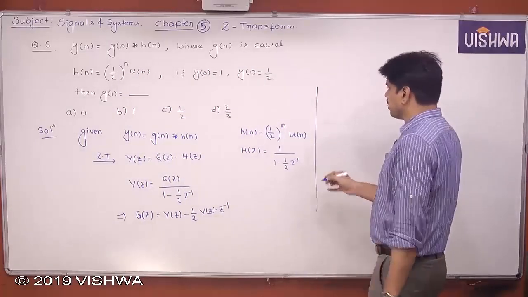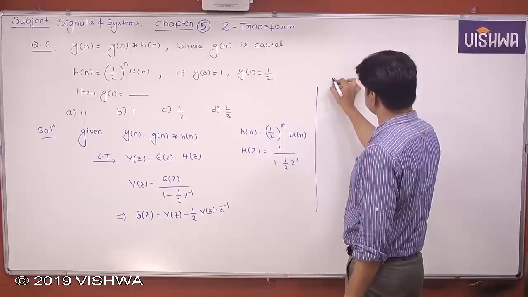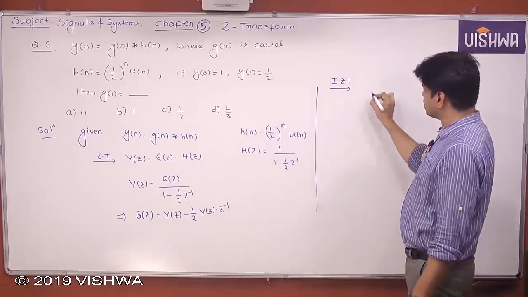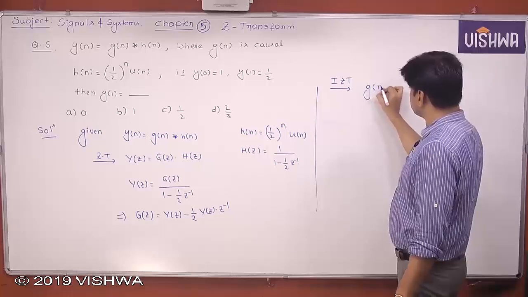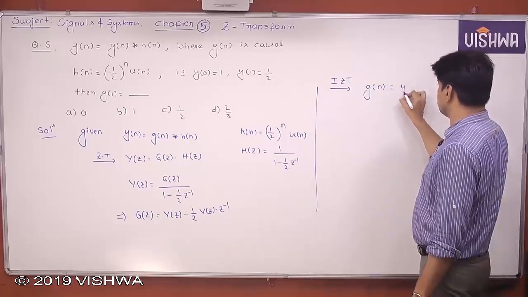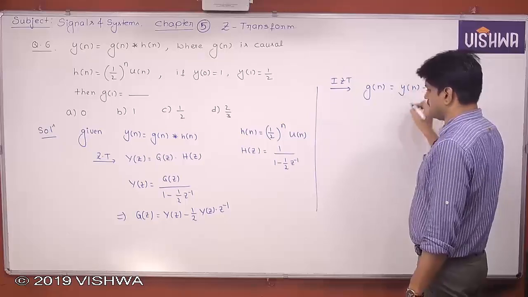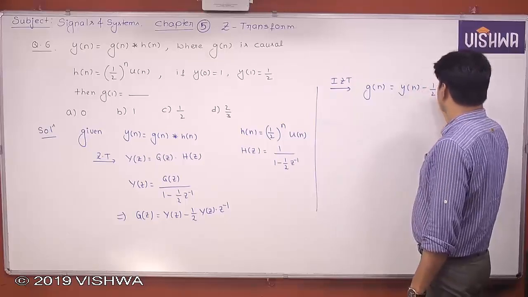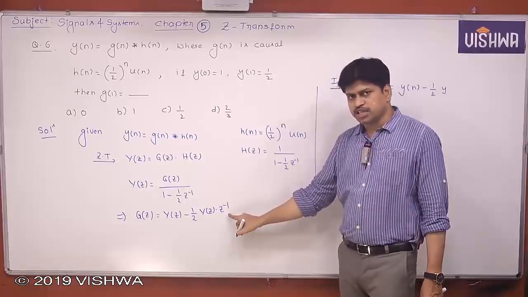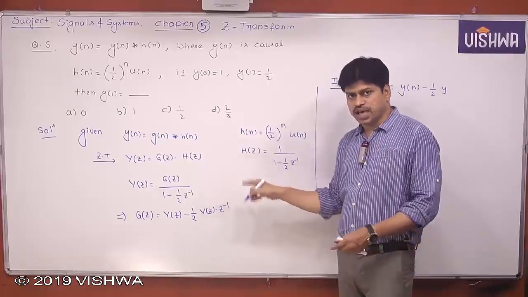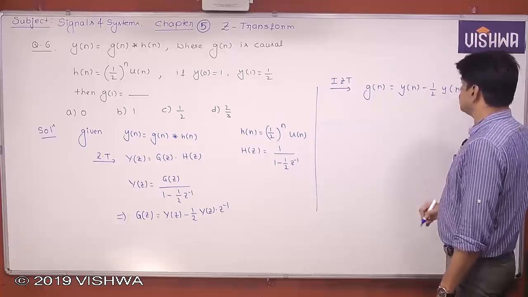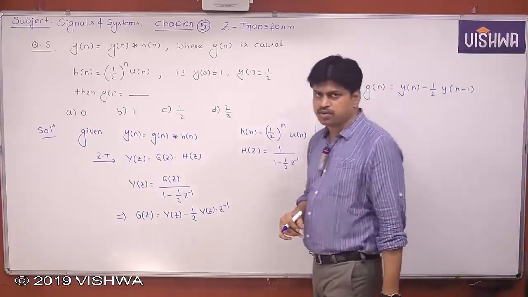So from this, if I take inverse z transform on both sides, what is g of n? g of n is equal to y of n minus 1 by 2 y of, exponential multiplication in the z domain. That means in the time domain it is a time shifting. So y of n minus 1. So this is the relation between g of n and y of n.